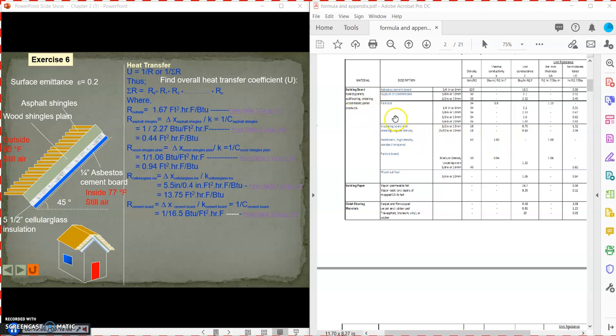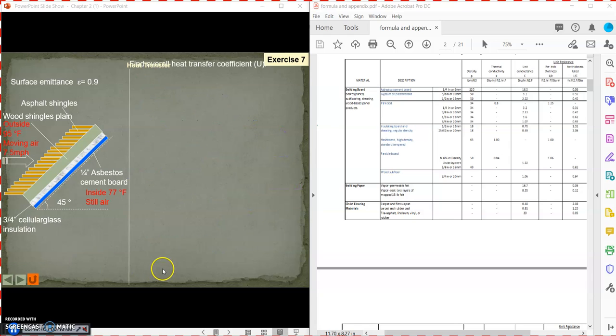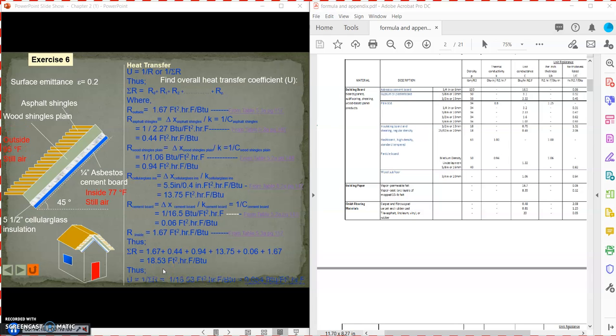So the cement board is here, the first one, asbestos cement board. We have the unit conductance C here, 1 over C, you get 0.06. So the total of R here is 18.53, and then you just find the U value here, 0.05.